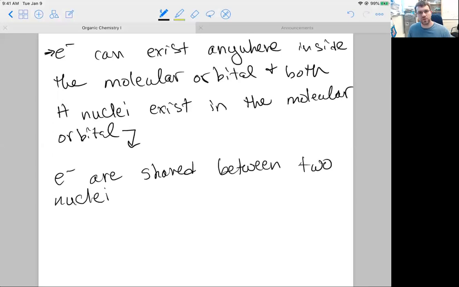It's sort of like the two nuclei decided to move in. They were each in their separate apartments, separate orbitals with their electrons, and they moved in together to share a bigger space, a big molecular orbital. And now the two electrons came along for the ride. They're also in the bigger molecular orbital. Now, since the two hydrogens are living together, they have to share their electrons. Hopefully that's somewhat of a helpful analogy.